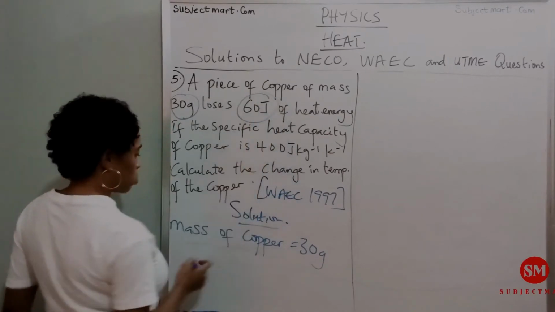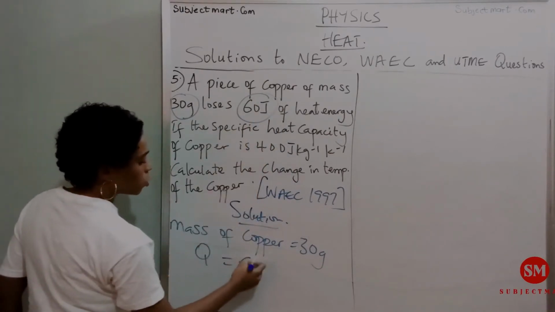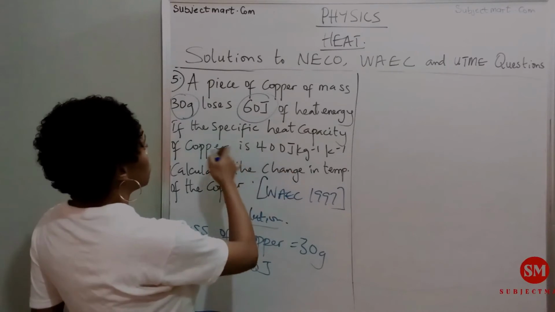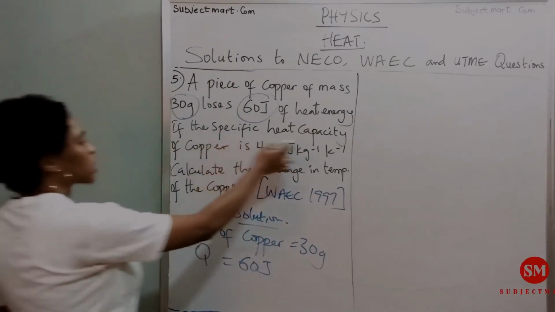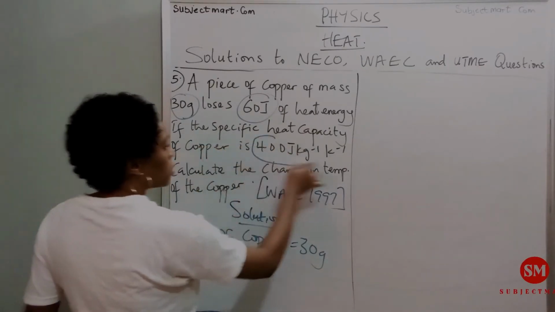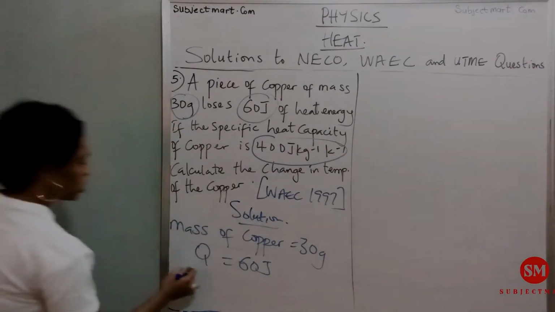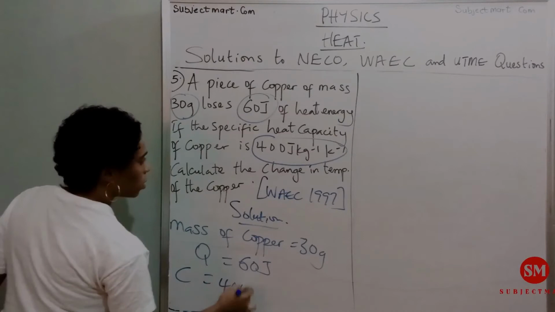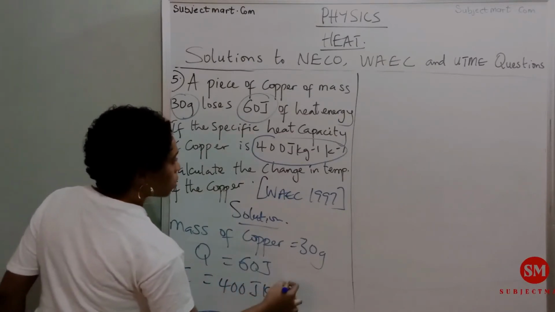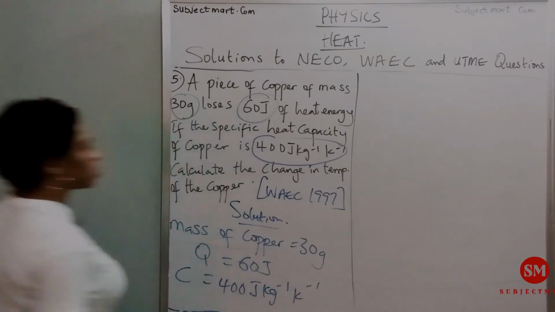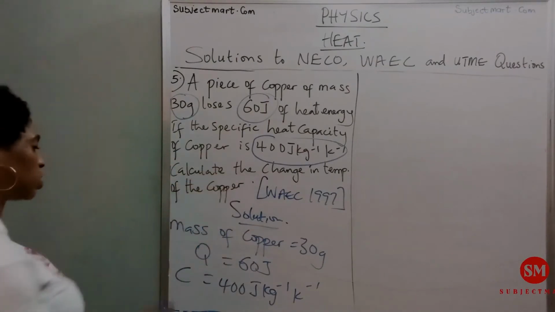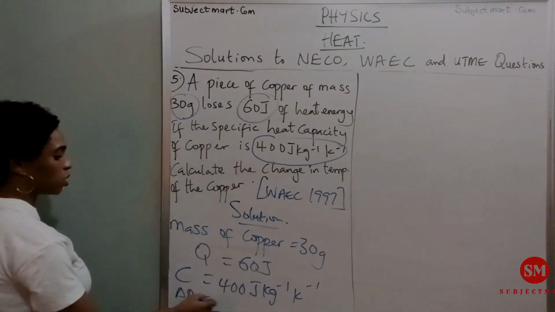Loses 60 joules, so the quantity of heat is 60 joules. If the specific heat capacity of copper is 400 joules per kilogram per Kelvin, C is equal to 400 joules per kilogram per Kelvin. So we should calculate the change in temperature, change in theta.